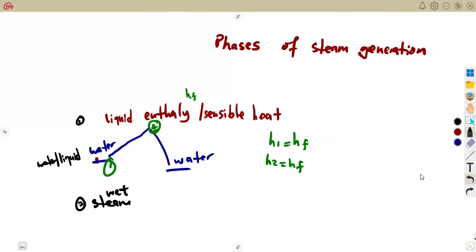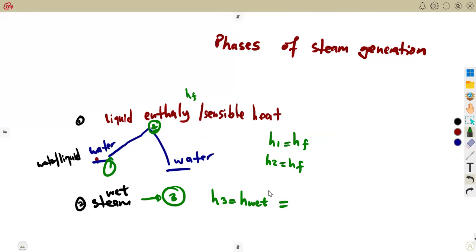Meaning to say, if you consider this as stage 1 and stage 2, the stage of wet steam will be our stage 3. Remember I said 1, 2: it was water, it's still water. So stage 3 is now the wet steam. H3, which is the enthalpy this time, is H wet, for the wet steam.